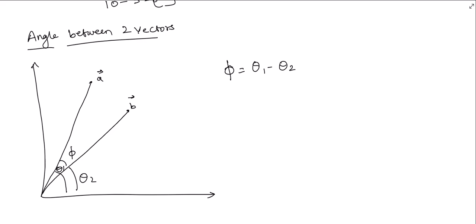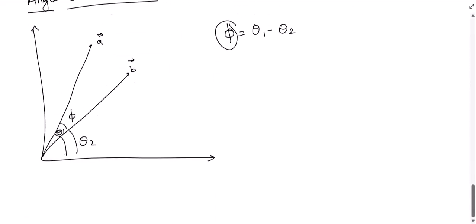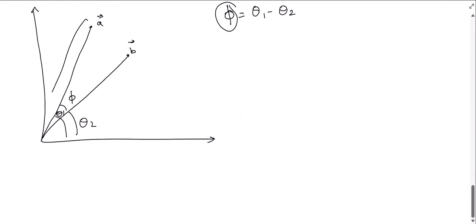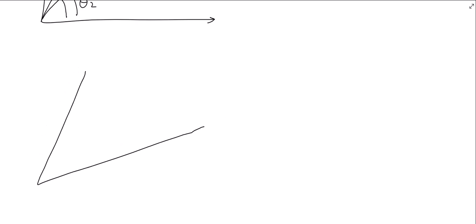So now to calculate this phi value, let's remove this part, only this part. Okay. And let's see how we can proceed with that. So let's say here is our, something like this.